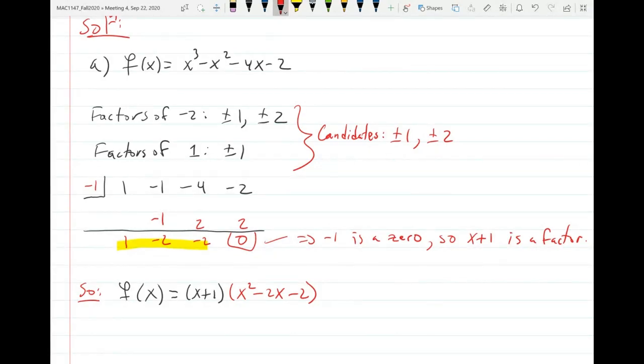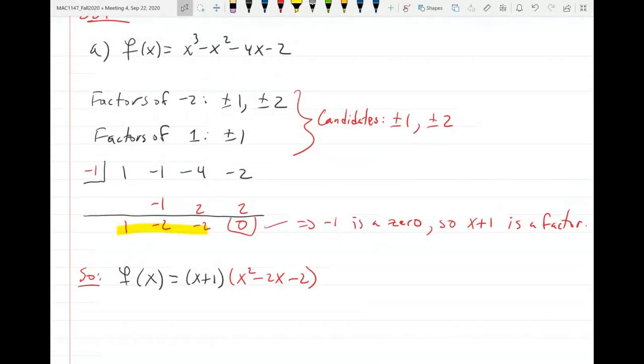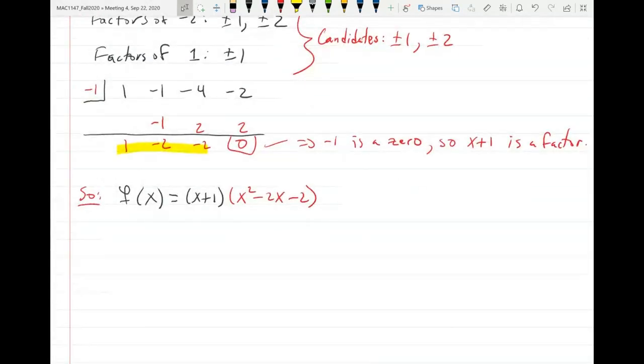Are you guys okay with this so far? All right. Now, when you are dealing with a degree 3 polynomial and you found 1 zero like we did now, the quotient, the result in red, will be quadratic, and you're basically done. Because at this point, you can either keep trying the other two, or since this is quadratic, just use the quadratic equation.